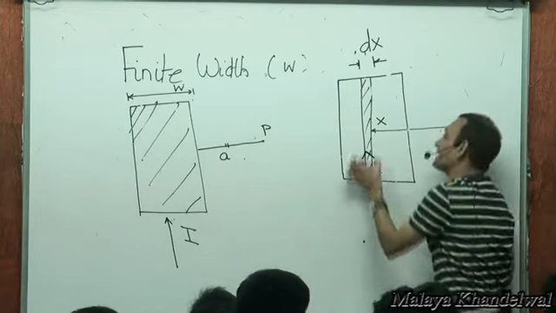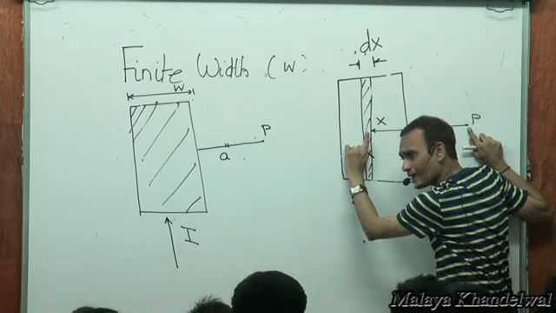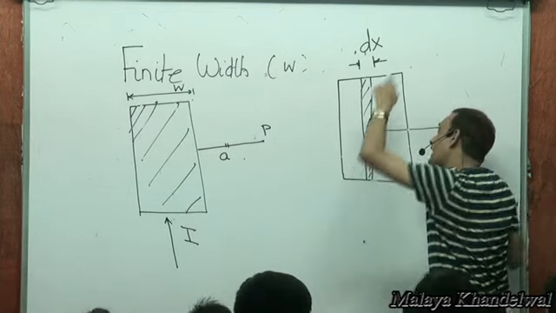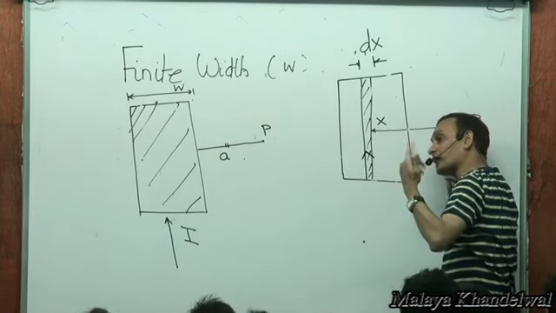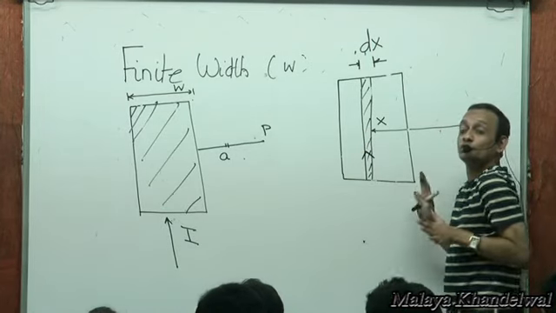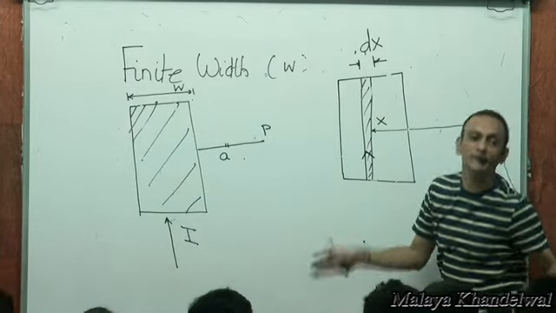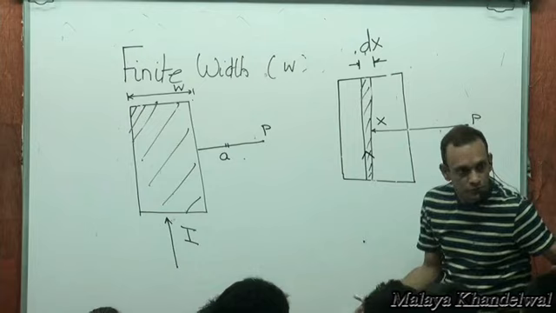And then I have to sum it up starting from x equal to a to incorporate the impact of every thin wire that constitutes this finite width w, right?